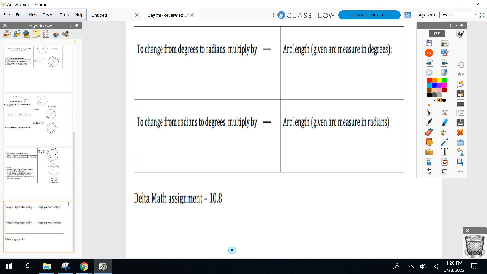Real quickly, let's review. Tomorrow, I'll give you a reference sheet, which has degrees and radian conversions on it. But right now, how do I change a degree to a radian? If you flip over your sheet, go to page 25. You'll see where I'm at right now after all the theorems. How do I change a degree to a radian?